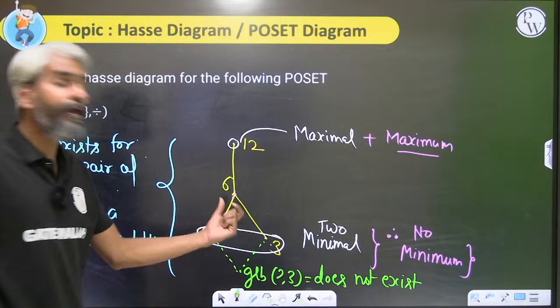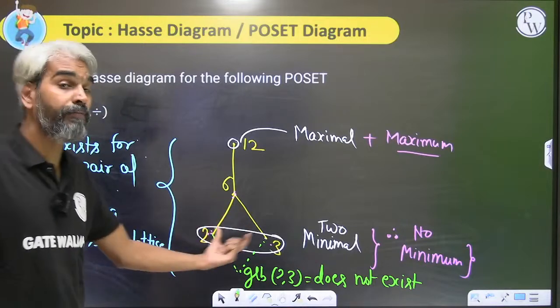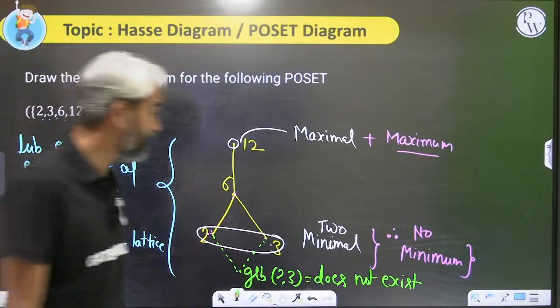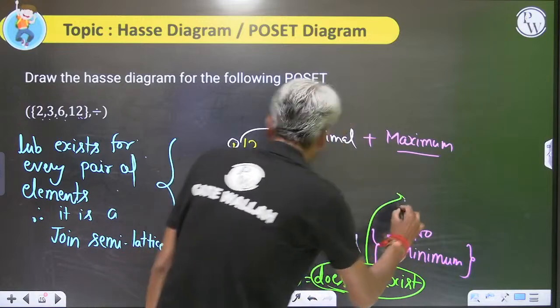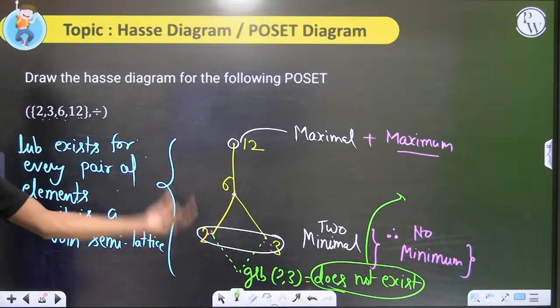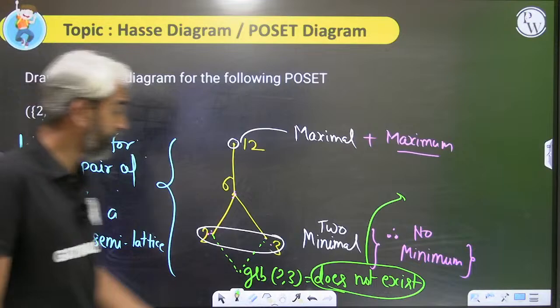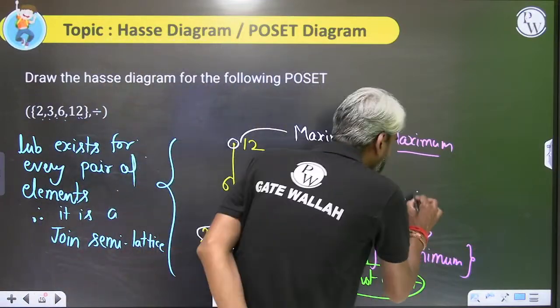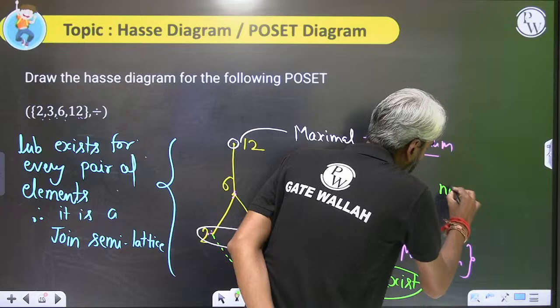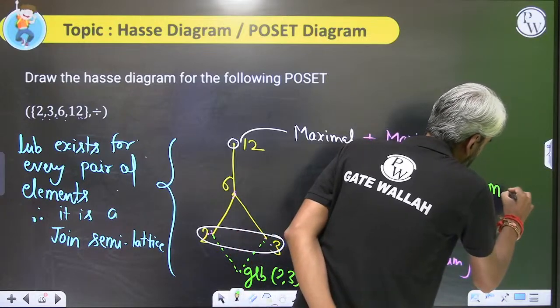So, if there is any pair of elements for which the greatest lower bound does not exist, then it cannot be a meet semi-lattice. So it is a join semi-lattice because LUB exists for every pair of elements, but there are some pairs for which greatest lower bound does not exist, therefore not a meet semi-lattice.